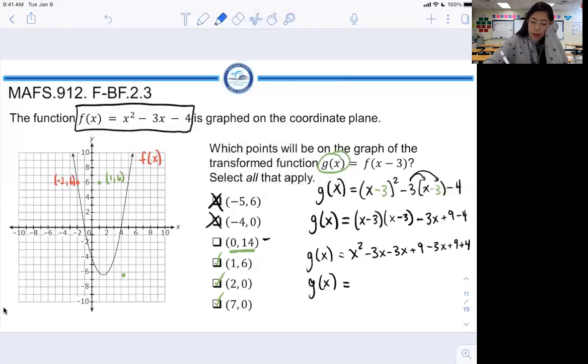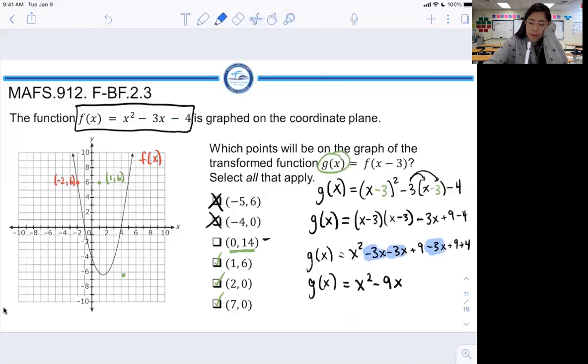So I have x squared. Are there any other x squareds? No, that's it. But now I have a bunch of x's. So I have 3x, 3x, and another negative 3x. So altogether, how many do I have? Good, 9.